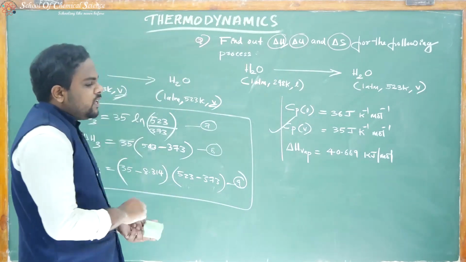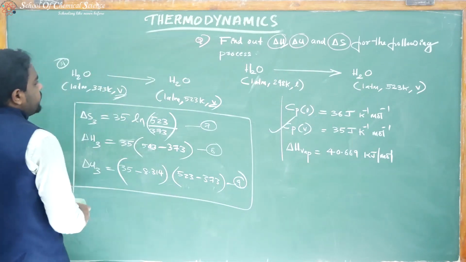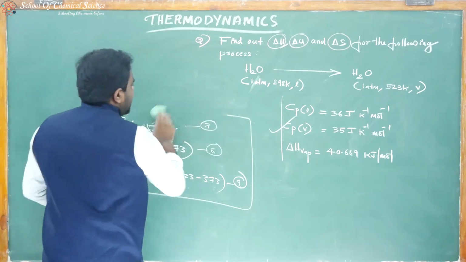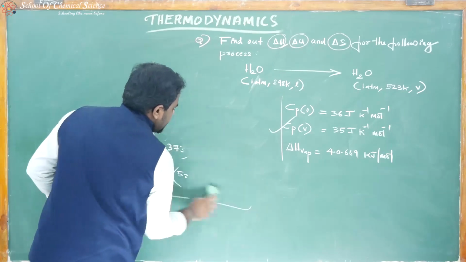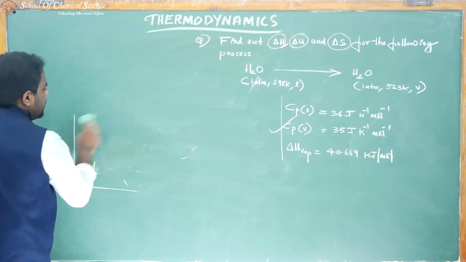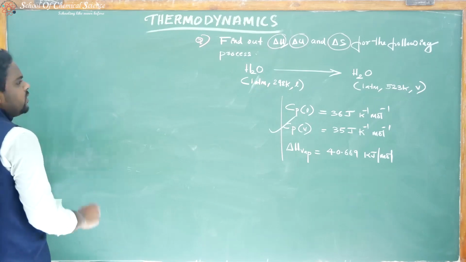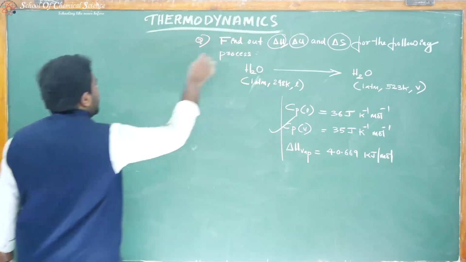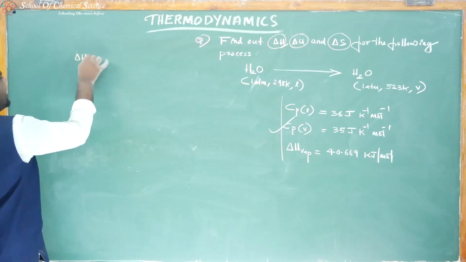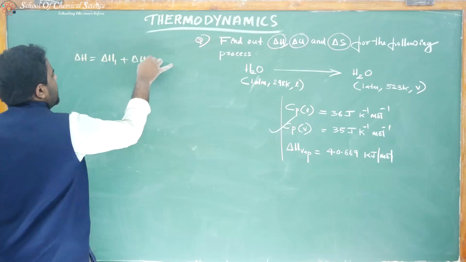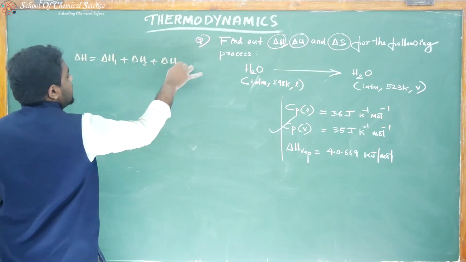Okay. Finally, you can find the total. Now you have delta S1, delta H1, delta U1, delta S2, delta U2, delta H2, delta S3, H3, U3. In your question, find the total: enthalpy change delta H is equal to delta H1 plus delta H2 plus delta H3.